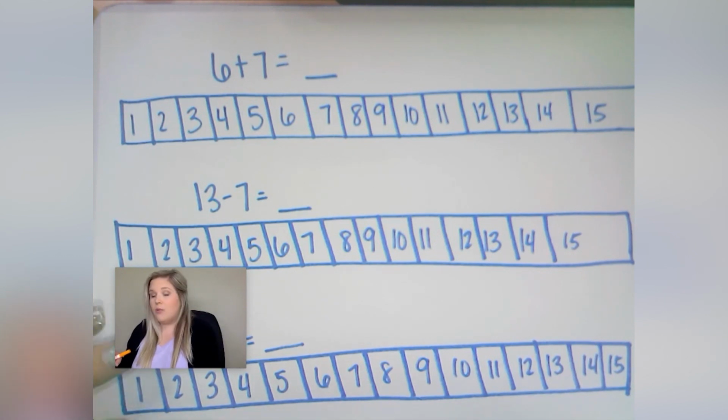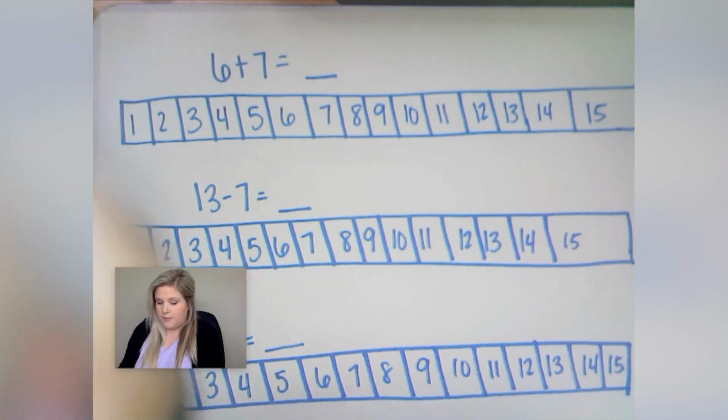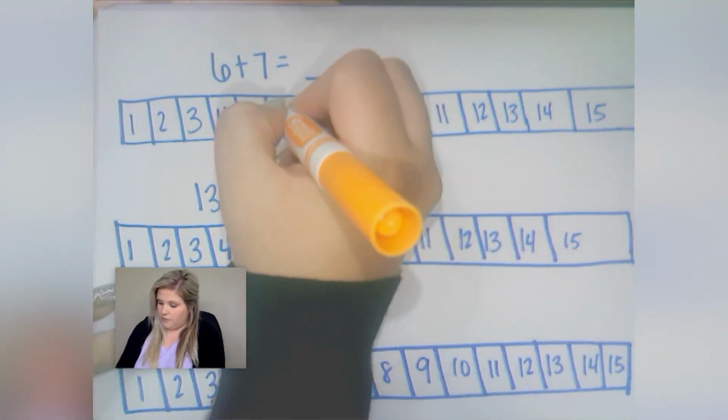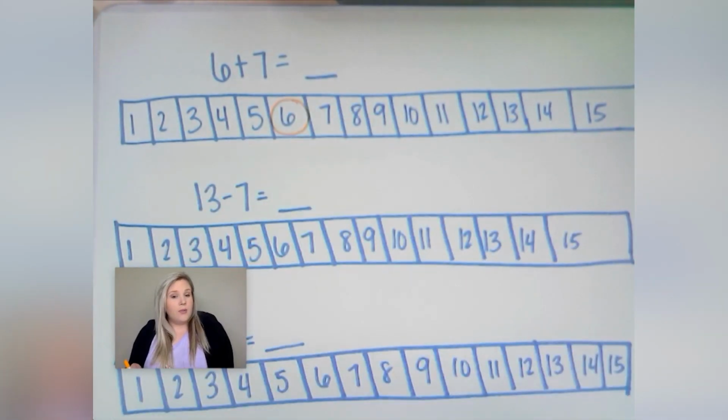I want you to first circle the number 6. If you want to use your number path, I want you just to touch the number 6 instead of drawing on it.